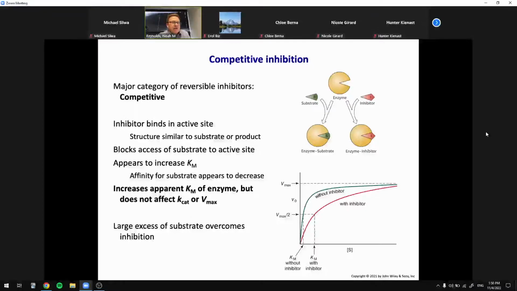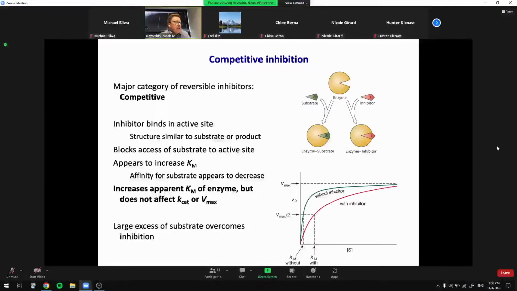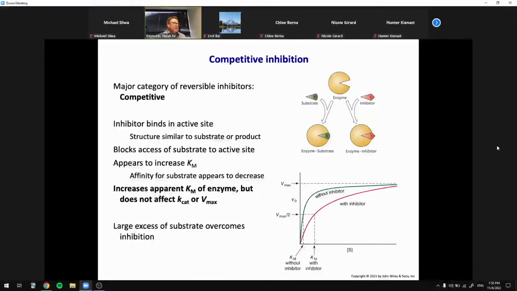It's just competing with our substrate. And so we see an increase in the Km, but no change in Vmax, right? And often what we see with an inhibitor, we call it an apparent Km because it's what it appears to be. If we get rid of the inhibitor, the Km is back to normal.